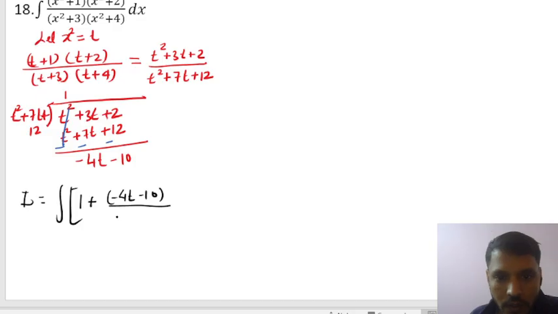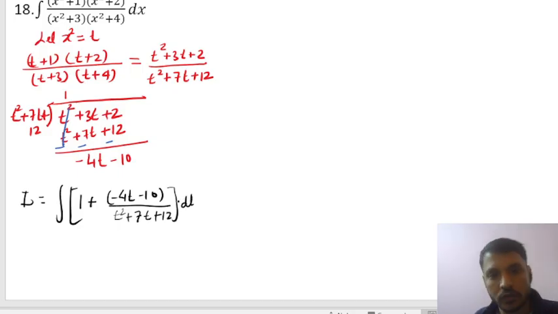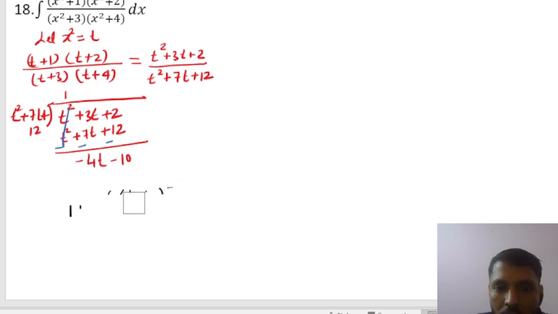So divisor is t square plus 7t plus 12, right? Here we cannot actually write like this. We have to replace our t in this expression, without integration only we can write, because we are not putting these values here.